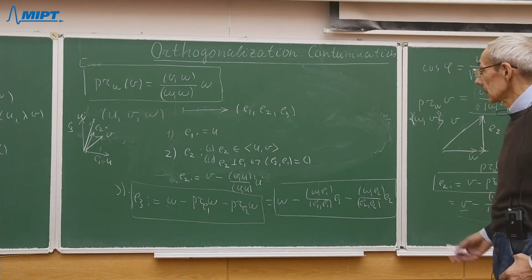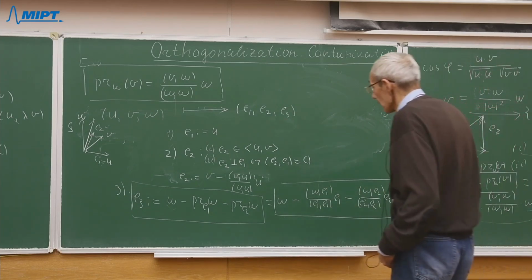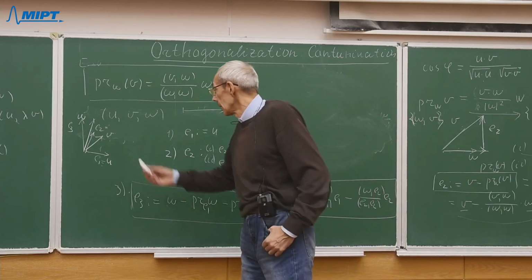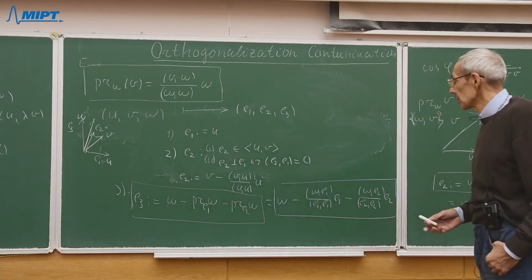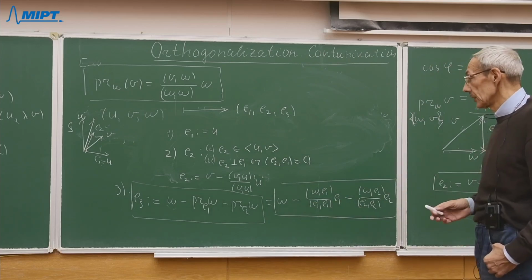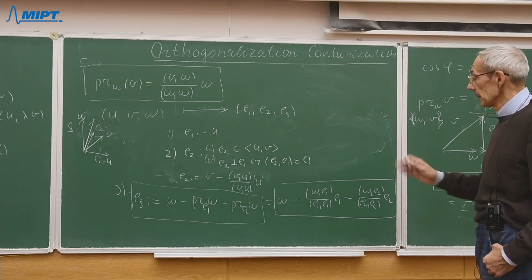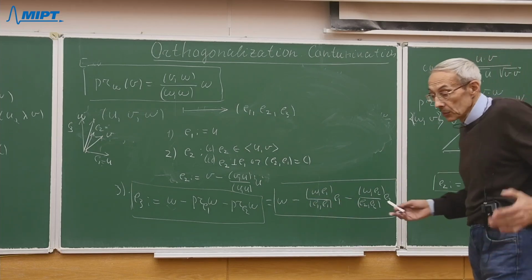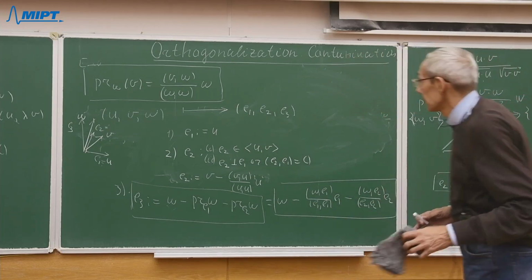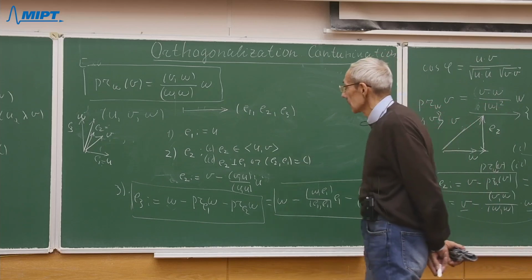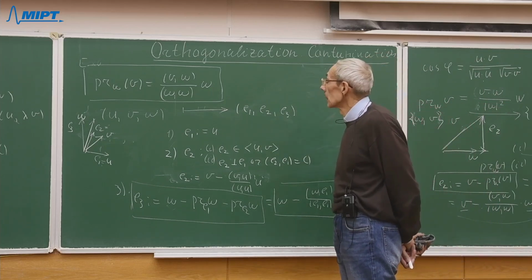And I tried to explain the algorithm of orthogonalization using a geometrical interpretation. We considered this algorithm for three vectors, but we can also understand this algorithm using an algebraic approach.